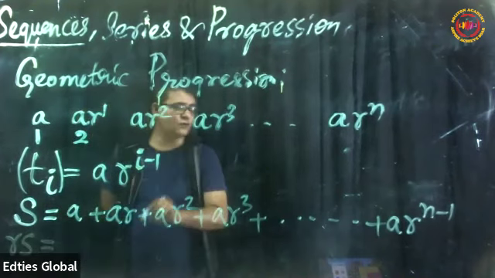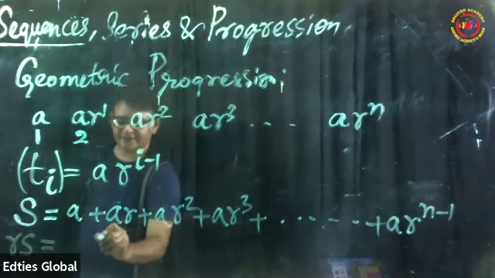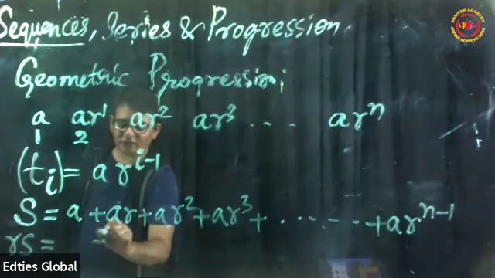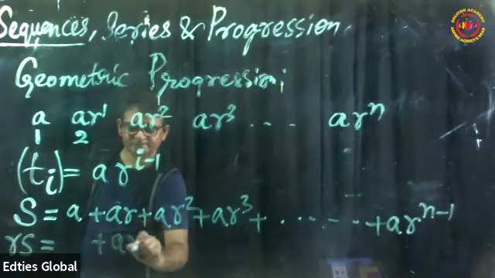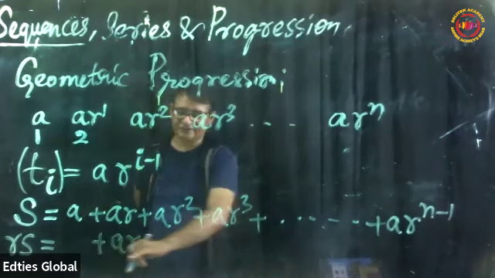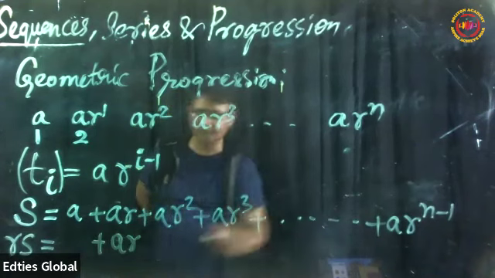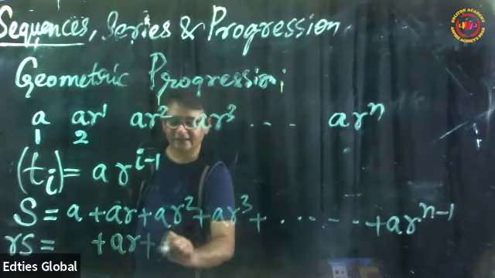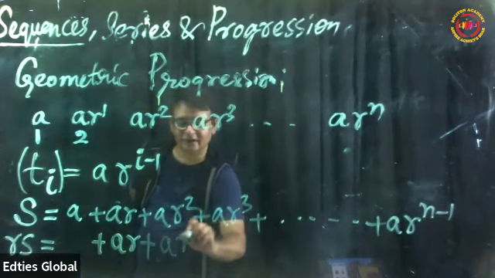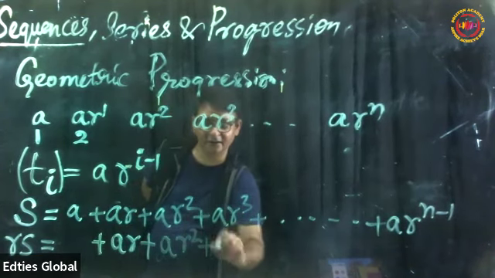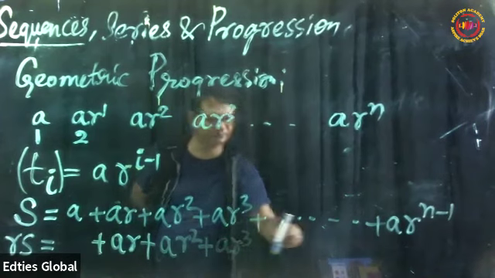Now just watch how I'm writing the terms. I multiplied R to A and I wrote like this. My first term is this, I shifted it. Then I'm writing AR square, AR cube.